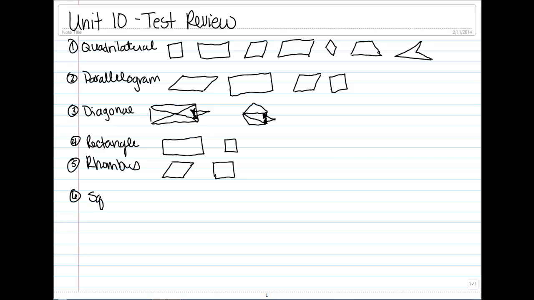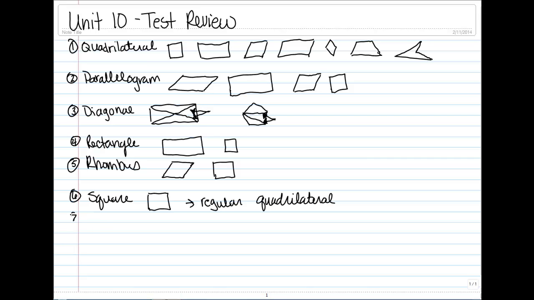A square, y'all know what a square looks like. A square is also the only regular quadrilateral. Remember that regular polygons all have equal sides and equal angles. Well, square is the only quadrilateral that has equal sides and equal angles.